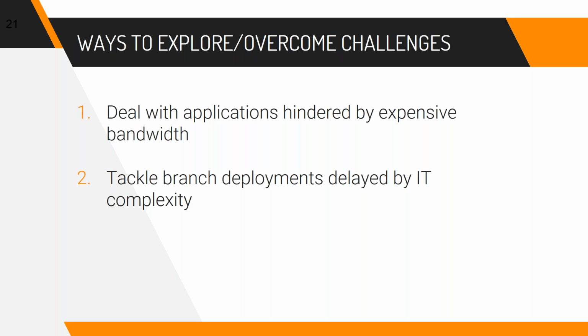We can tackle branch deployments that get delayed by IT complexity because with these edge devices, they show up on site, they get plugged in. You have two or three things that need to happen so that these things can call back to the servers. They get set up, and then you go on your way of dialing in all of your user experience.